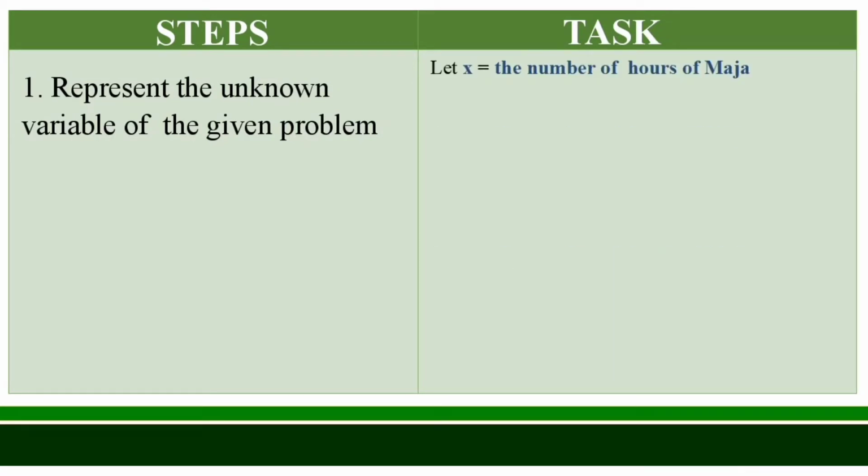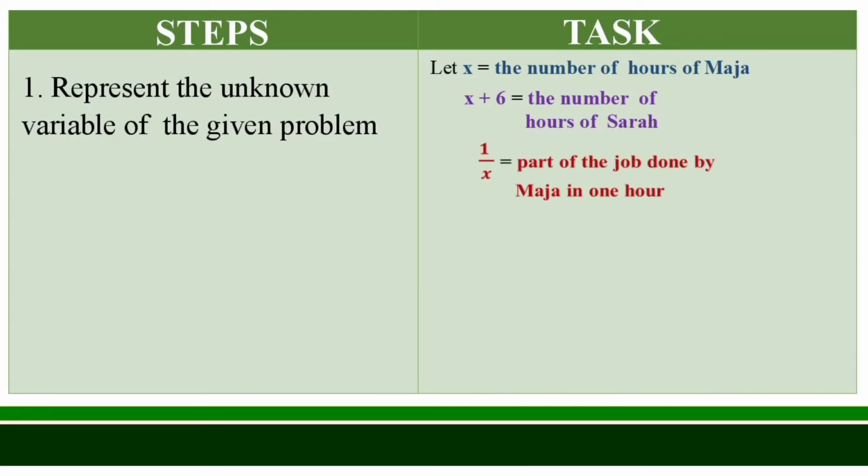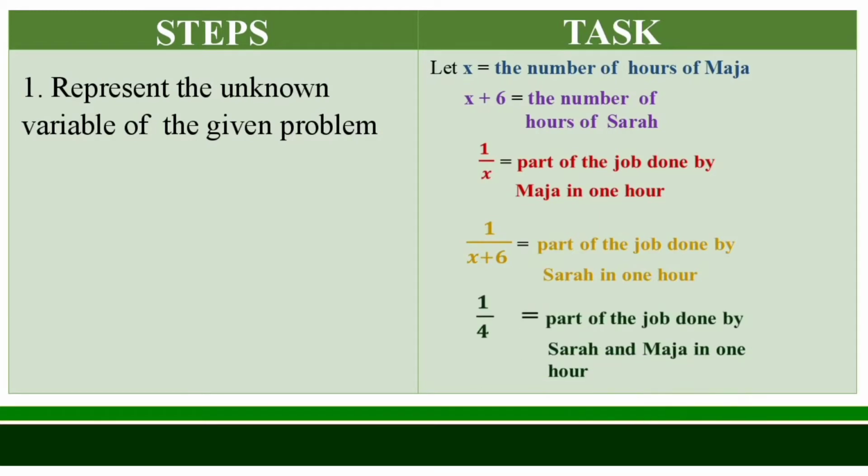So, let x be the number of hours of Maha, then x plus 6 is the number of hours of Sarah. 1 over x equals the part of the job done by Maha in 1 hour, 1 over x plus 6 is the part of the job done by Sarah in 1 hour, and 1/4 equals the part of the job done by Sarah and Maha together in 1 hour. Now class, let's proceed to step number 2.